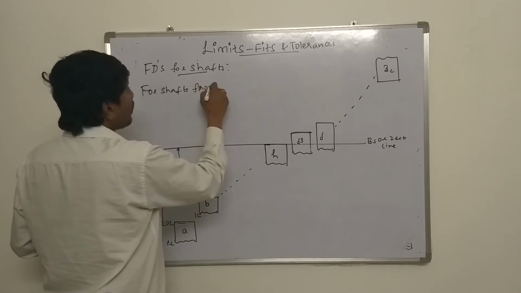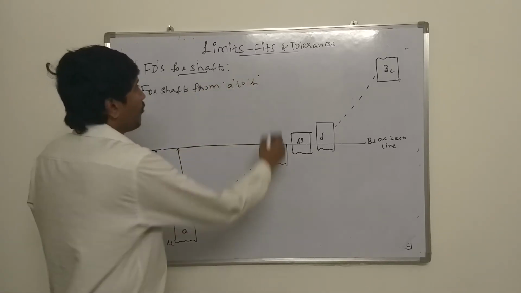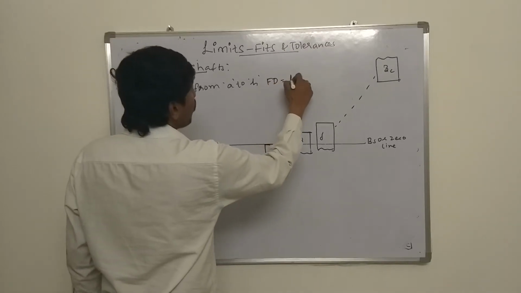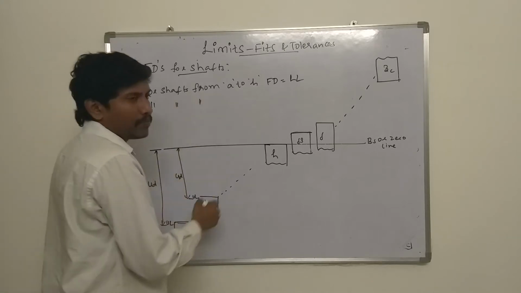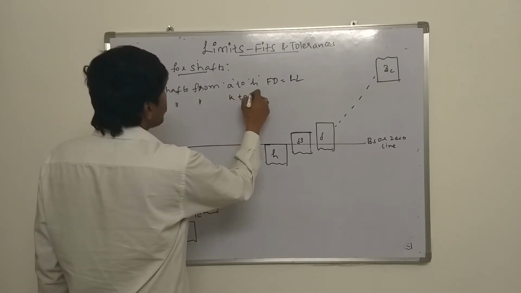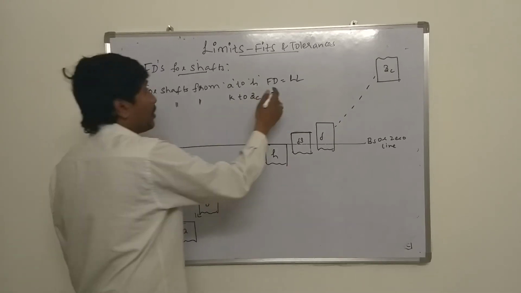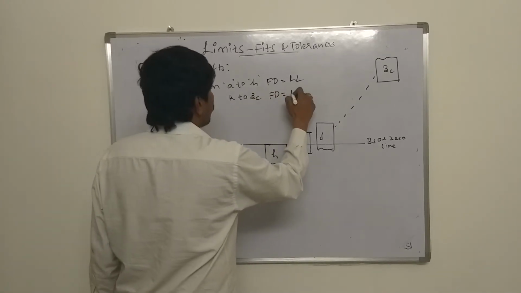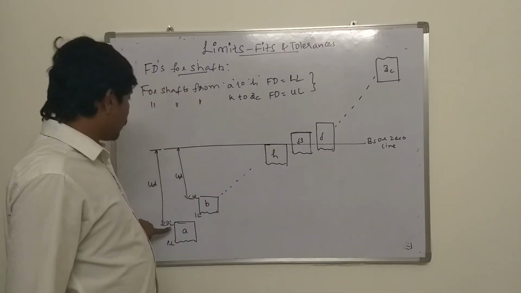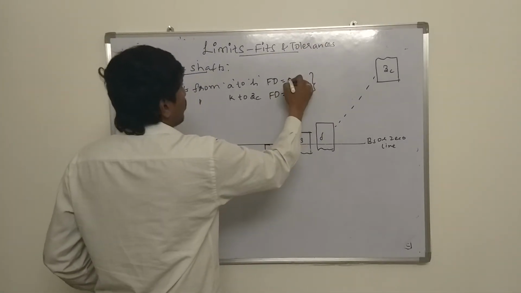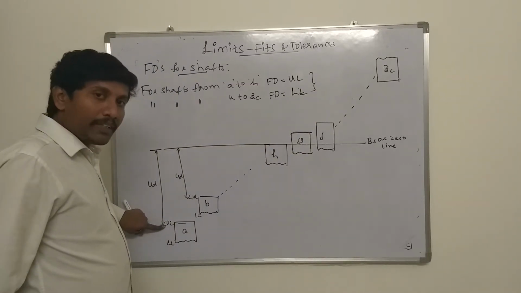So we can conclude that for shafts from small a to h, fundamental deviation is equal to the lower limit. For shafts from small k to ZC, fundamental deviation is equal to the upper limit. Why is the upper limit the fundamental deviation here?